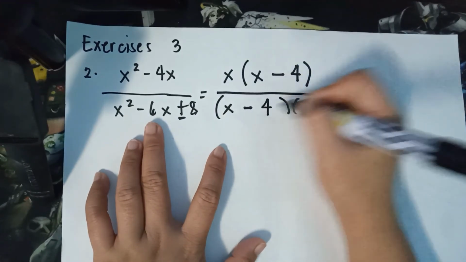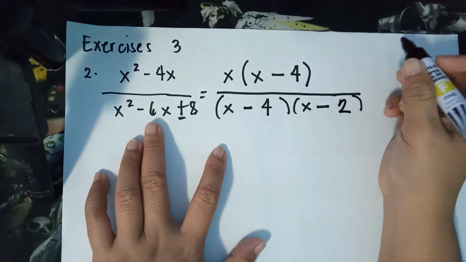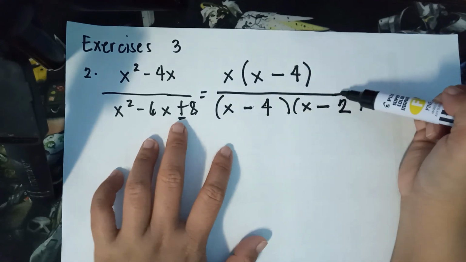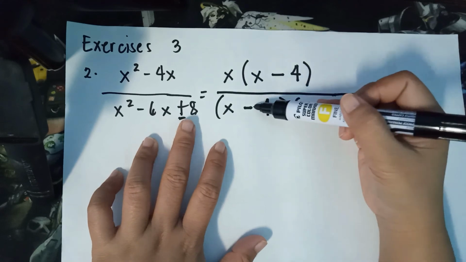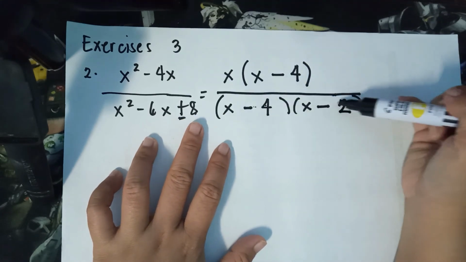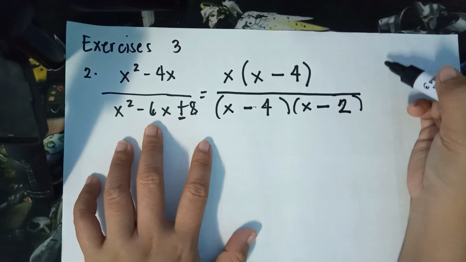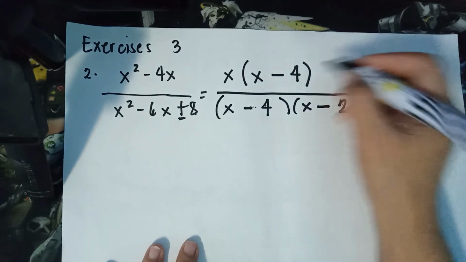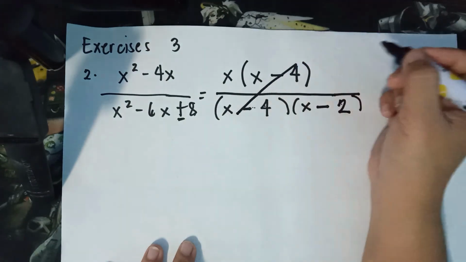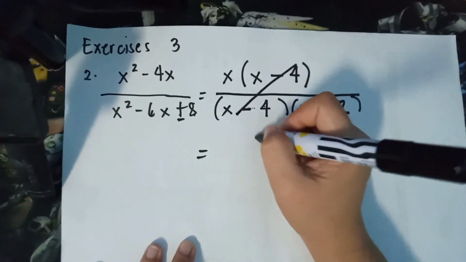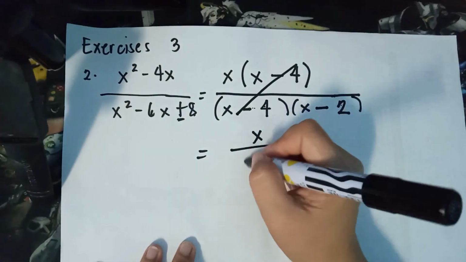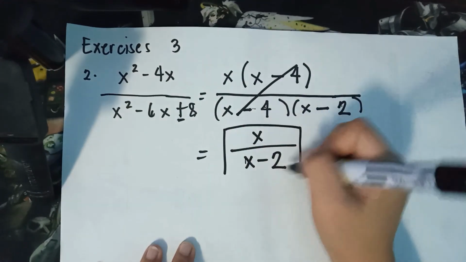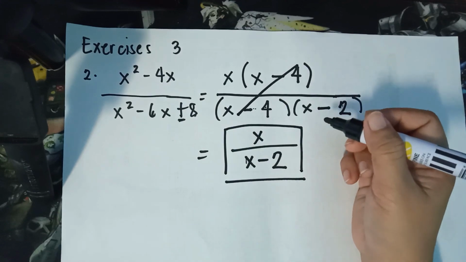That is 4 times 2. We will check. Negative 4 times negative 2 is positive 8. Negative 4 plus negative 2 is negative 6. That satisfies our trinomial. Next, cancel out the common factor x minus 4 and we have x over x minus 2. Then our final answer is x over x minus 2.